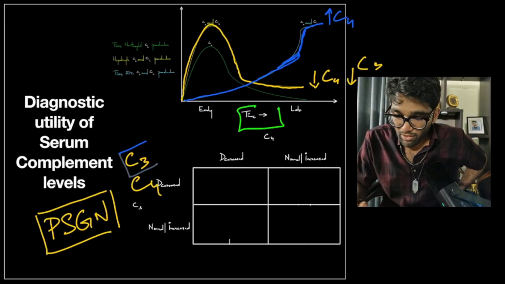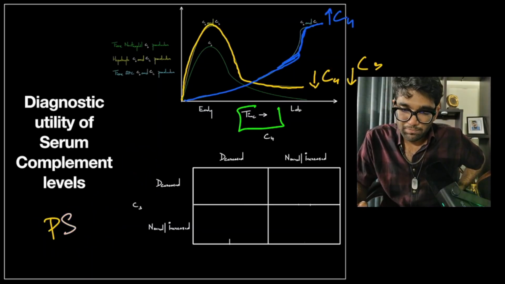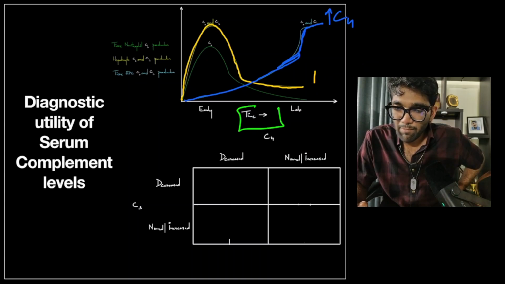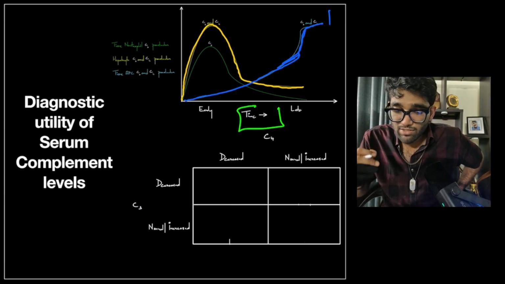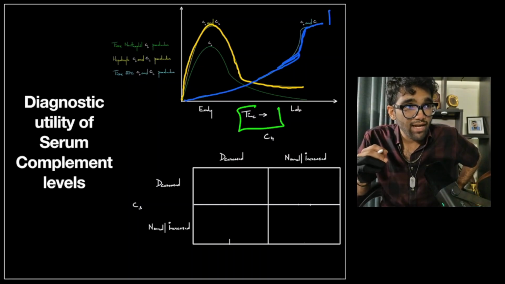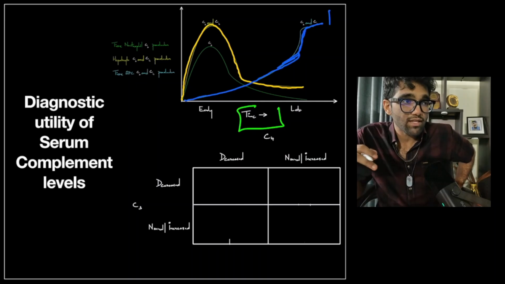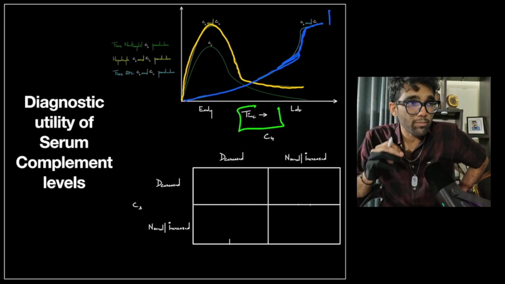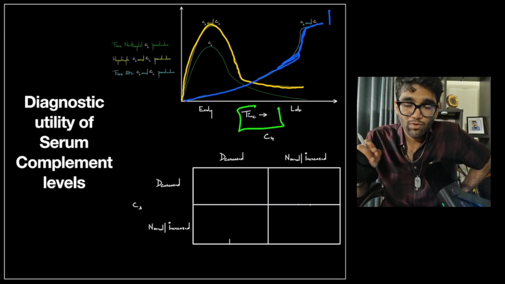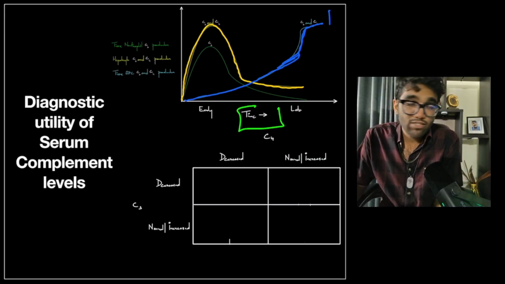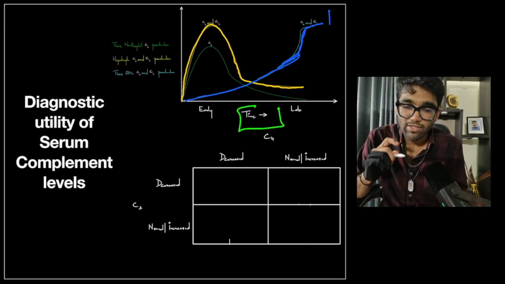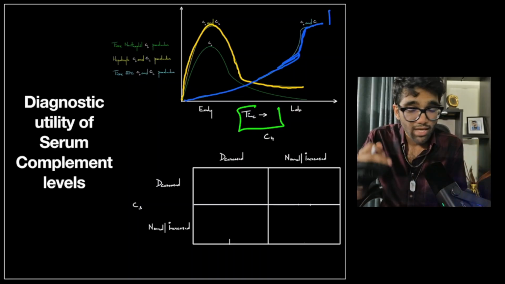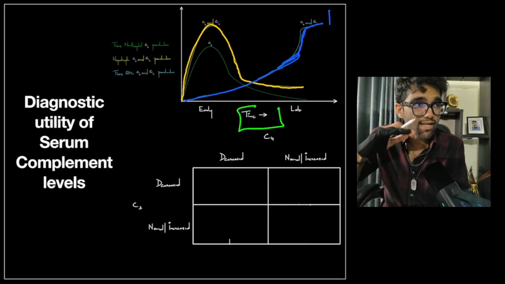Okay. Now the converse of this may also happen. So when does the converse of this happen? It happens in cases of, as I just discussed, SLE and cryoglobulinemic vasculitis. And the reason for that is that SLE and cryoglobulinemic vasculitis both have a lot of complement activation happening in serum. Okay, and in serum, the source of C3 production is predominantly your hepatocyte, and because these are chronic processes, hepatocyte C3 and C4 production is gradually falling down.